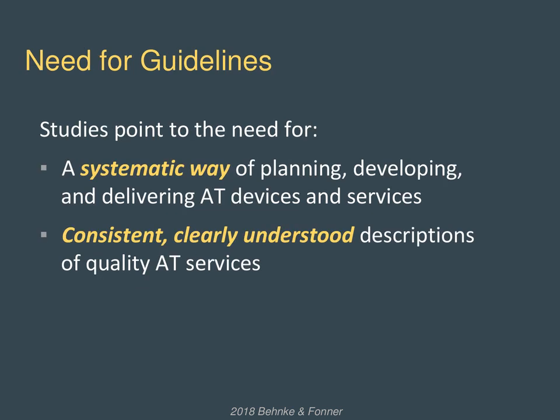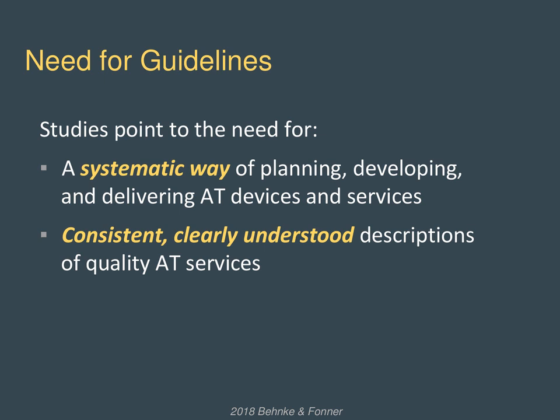So there is a need for guidelines. Research studies have really pointed to the need for a systemic way of planning, developing, and delivering assistive technology devices and services. It's been so many years, and Kelly and I together have, what'd you say, 64? Really? Yeah, 64 years of applying assistive technology.